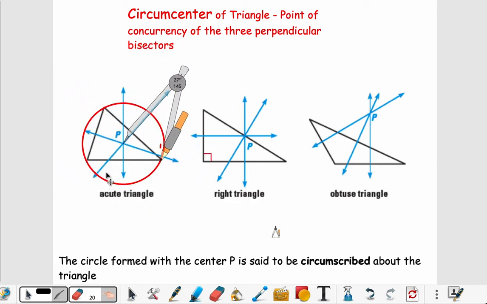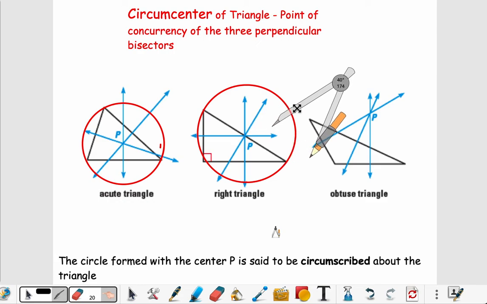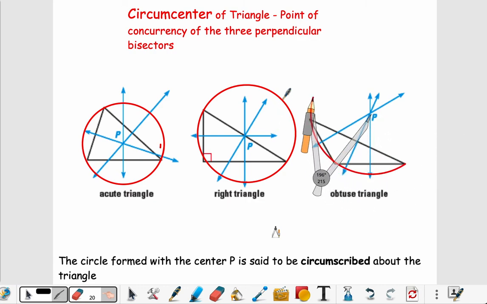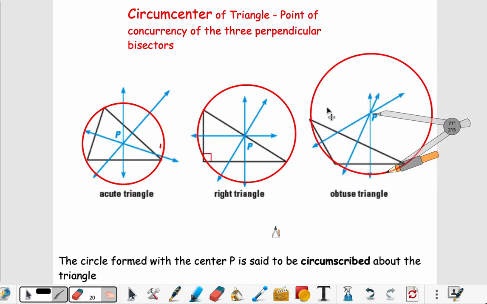That perfectly fits the triangle inside of it. You can do that regardless of whether it's a right triangle, an acute triangle, or an obtuse triangle. Since that point is equidistant to all three corners, you'd be able to form a circle because all of those side lengths would just be radii, which is kind of cool.